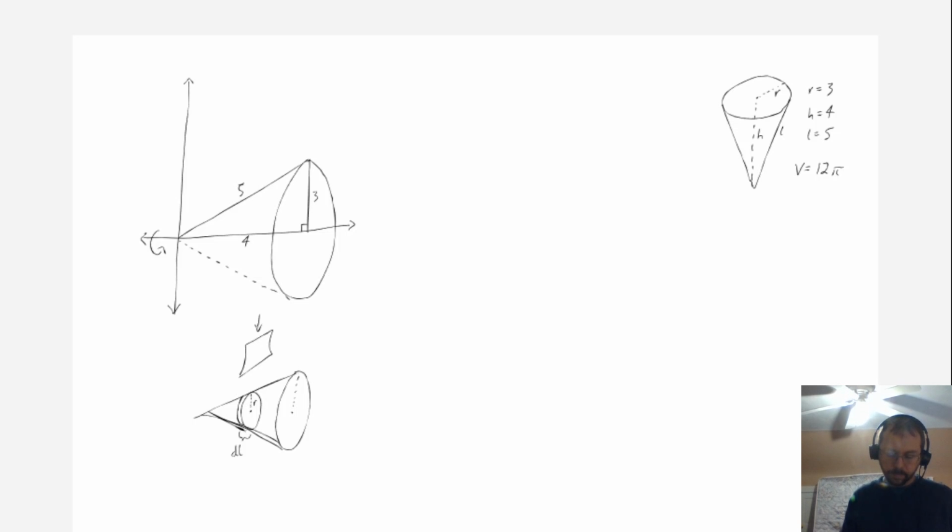So if we add up all of these little circumferences, then that will give us the total circumference if we also multiply by dl.